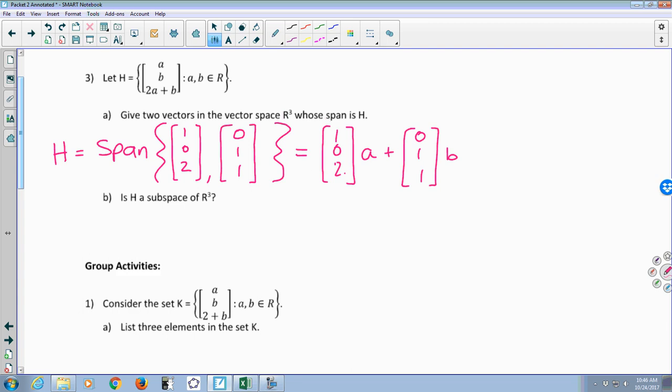Now I have 1A and 0B. That's my first entry. And then I have 0A and 1B. That's my second entry. And then my third entry would be 2A plus B. So A and B are my scalars, so that's what the span is. The span is all linear combinations, right? And the definition of a linear combination is when you put some scalars on the vectors and add them together.